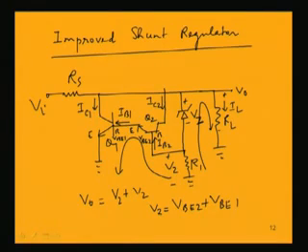Now what will happen if V0 changes? For example, we are assuming V0 is increasing. So V0 increasing means the voltage available across R1 is increasing, because V0 is equal to Vz plus V2, but Vz is constant, it is a Zener breakdown voltage. So if V0 increases, V2 also increases, having Vz as constant.